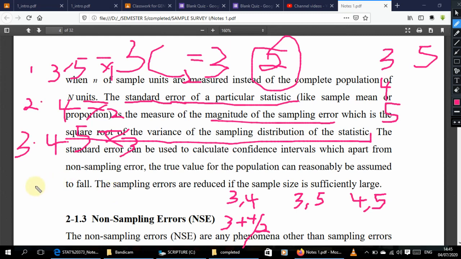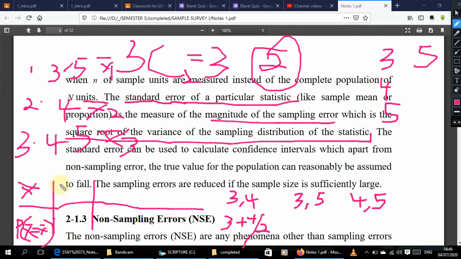This is my x bar, then I'll draw a line, and look at the probability of x bar equal to small x bar. Here the first value is 3.5.